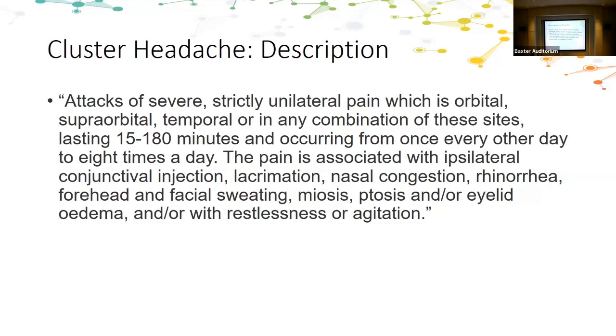That's something that could be potentially testable because they like their time course. It occurs from once every other day up to 8 times a day. And the pain is associated with ipsilateral conjunctival injection, lacrimation, nasal congestion. I won't read all of the symptoms, but you get the gist.